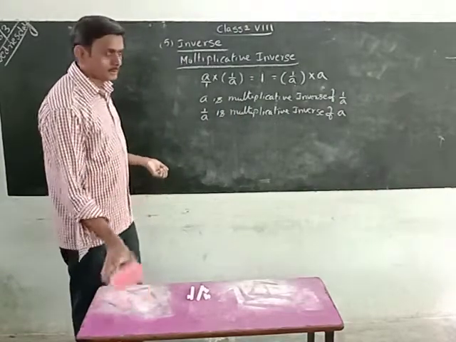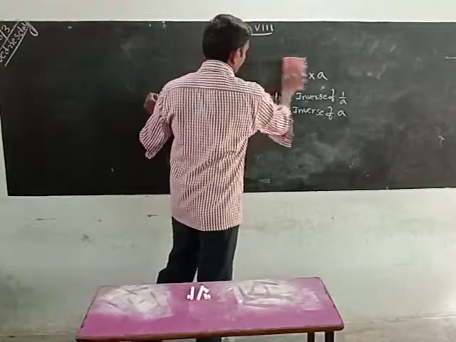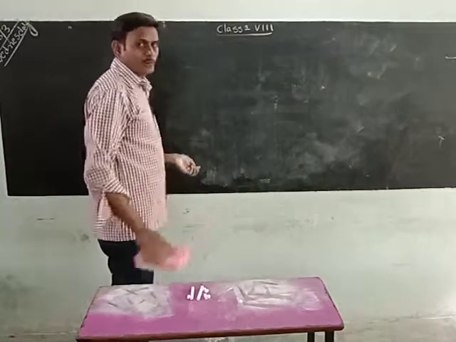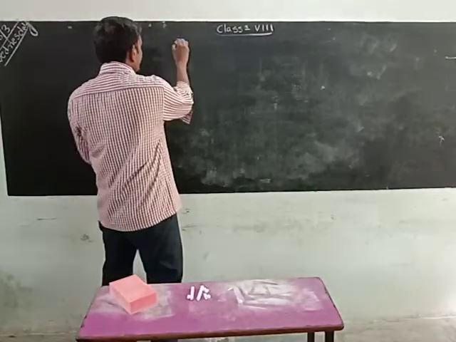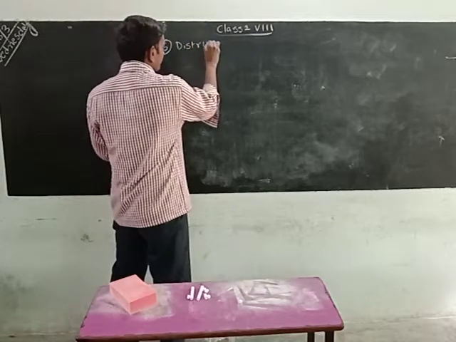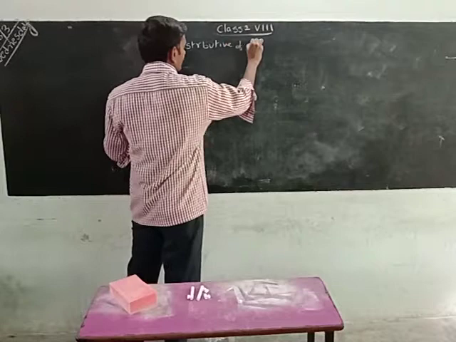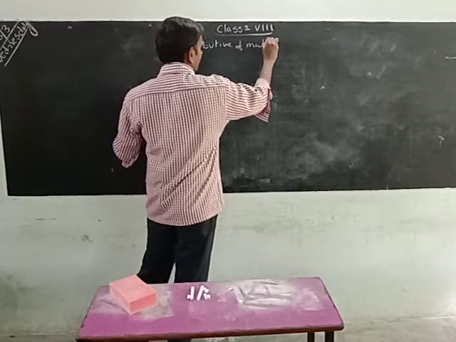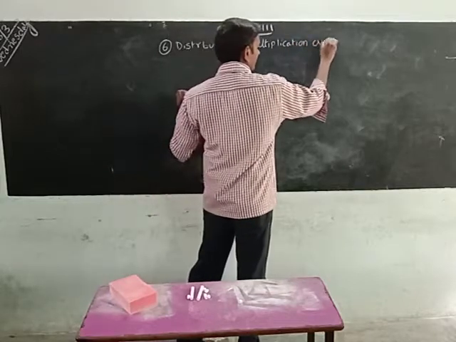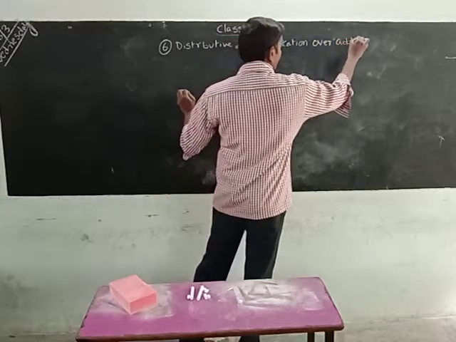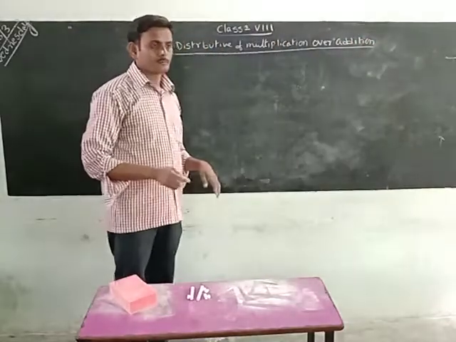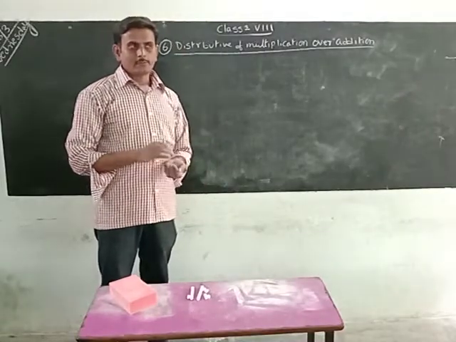Last property, the sixth property: distributive property of multiplication over addition. Up to now we discussed five properties.